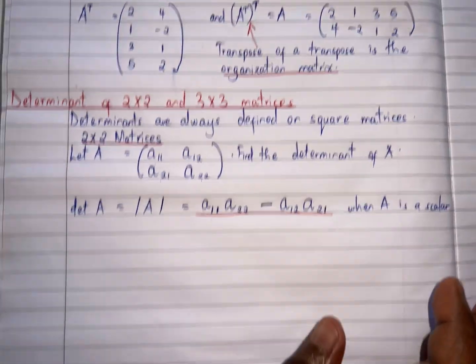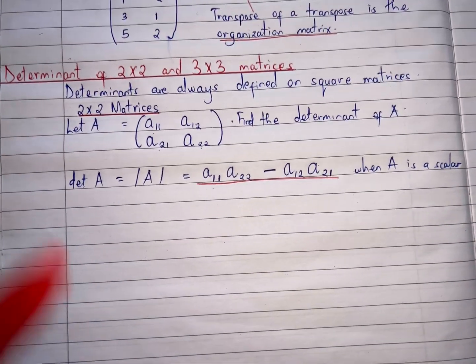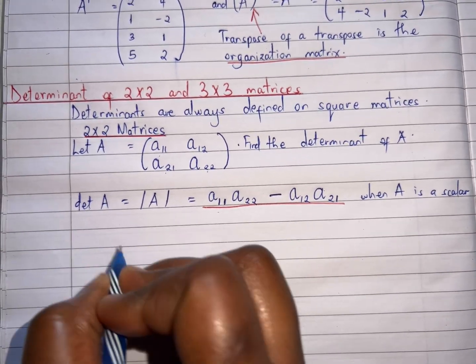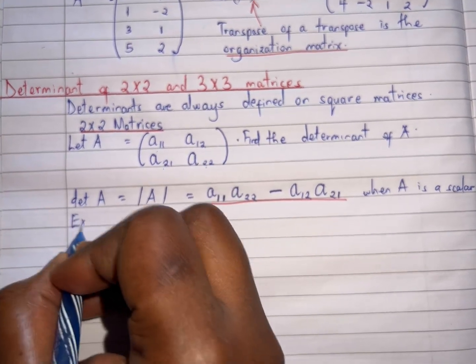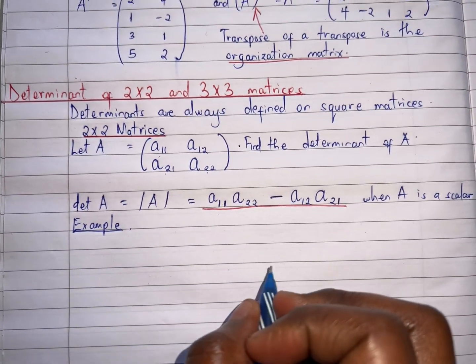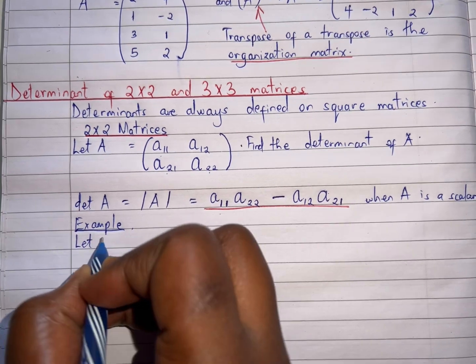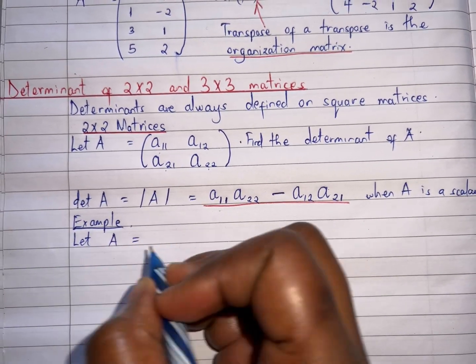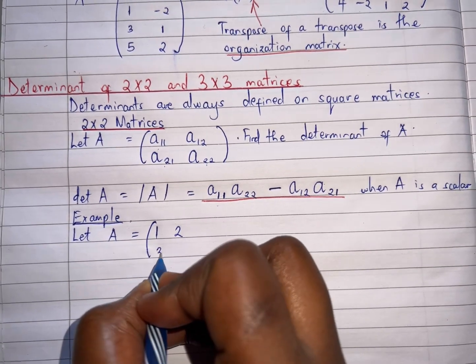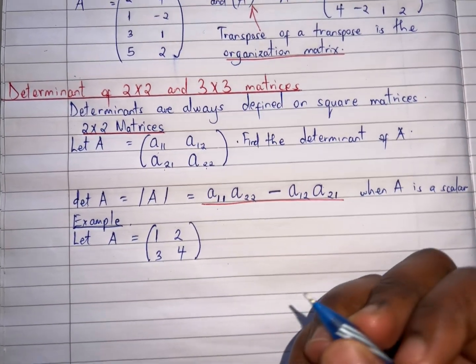We're going to do an example so that you understand what I mean by this. Example: let A be equal to 1, 2, and 3, 4.